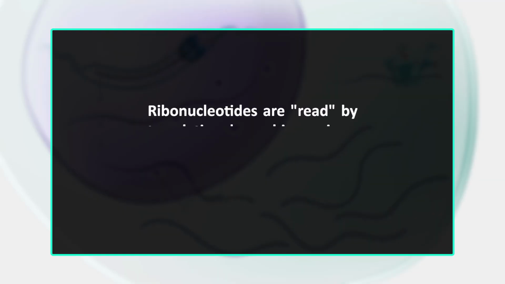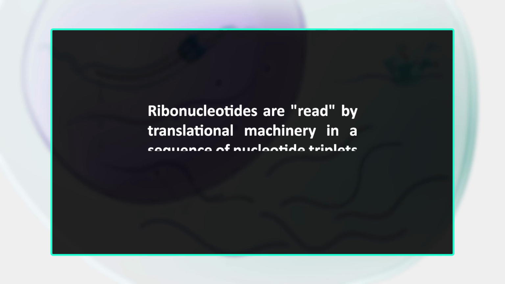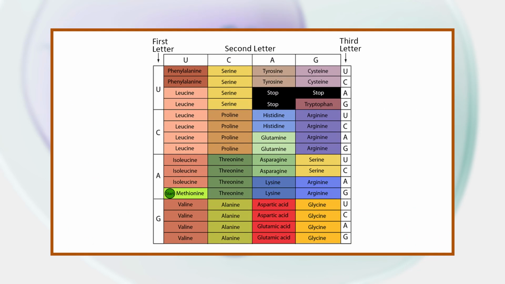The ribonucleotides are read by translational machinery in a sequence of nucleotide triplets called codons. Each of those triplets codes for a specific amino acid. The ribosome molecule translates this code to a specific sequence of amino acids.